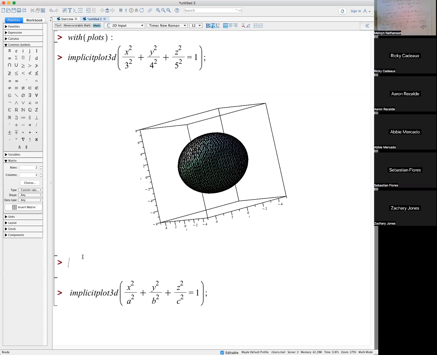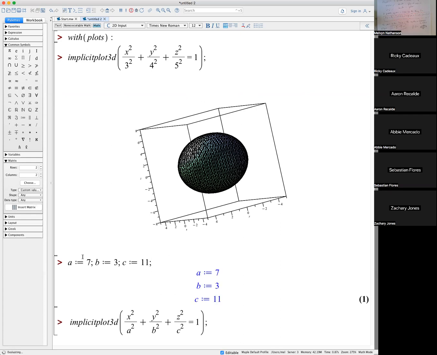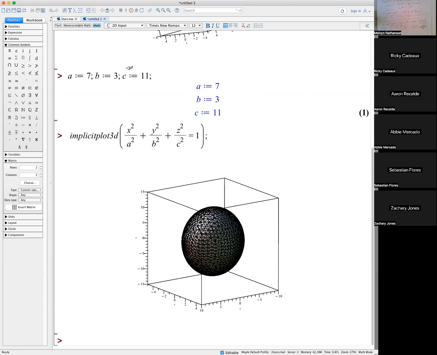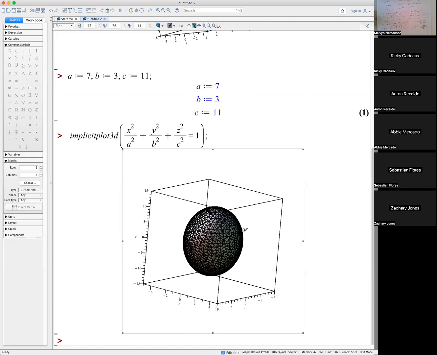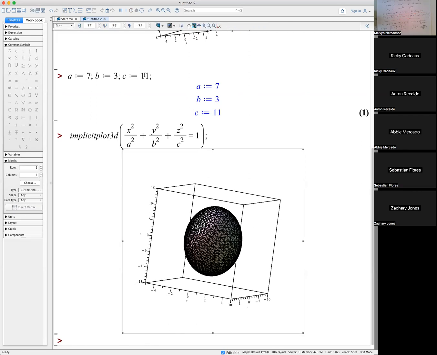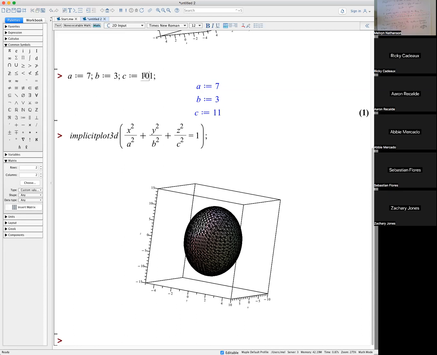And now I can take any numbers that I want for A, B, and C, like, I don't know, A equals 7, B equal 3, C equal 11. So for those parameters, that's my ellipsoid. Let me make this 101.